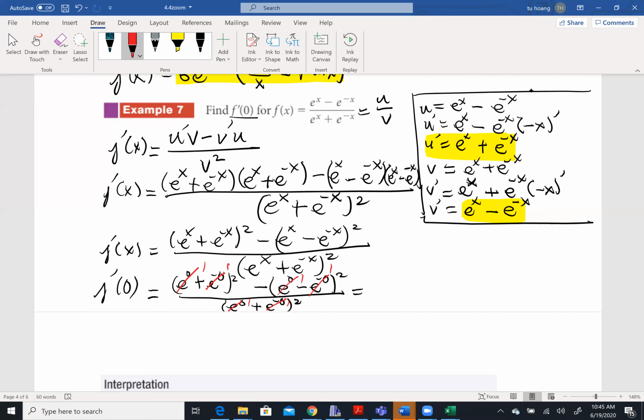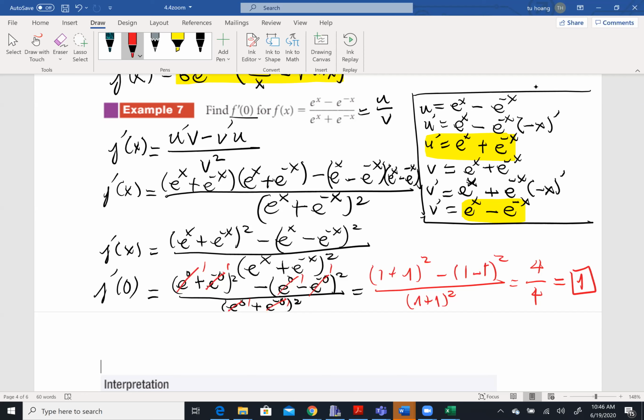So now I have 1 plus 1 square minus 4 times (1 minus 1) square, divided by (1 plus 1) square. And this will give me top is 4, bottom is 4, and the final answer has to be equal to 1. That is f derivative of 0.